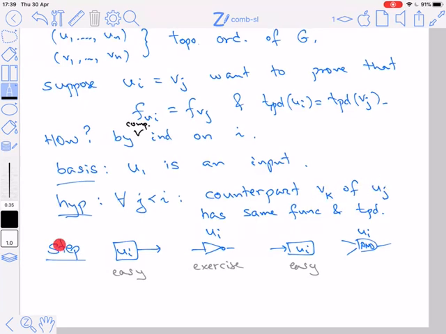In the induction step, we consider ui. ui is either an input gate, an inverter, an output gate, or a gate with two inputs. These cases are very easy. I'll skip them, I'll leave this as an exercise, and let's focus on the case that ui has an AND gate placed in this node.